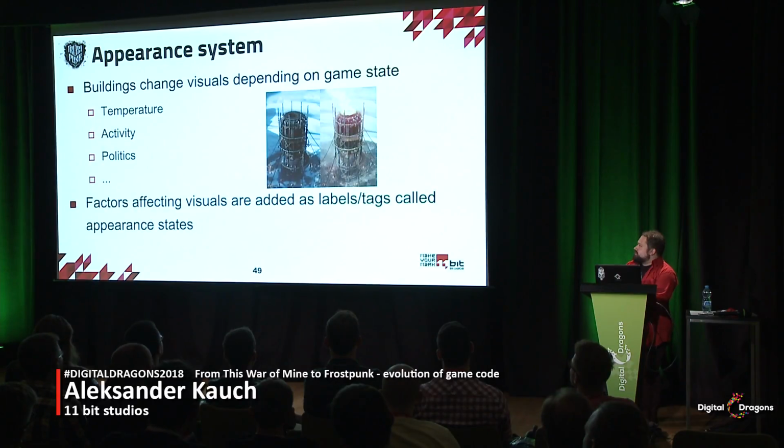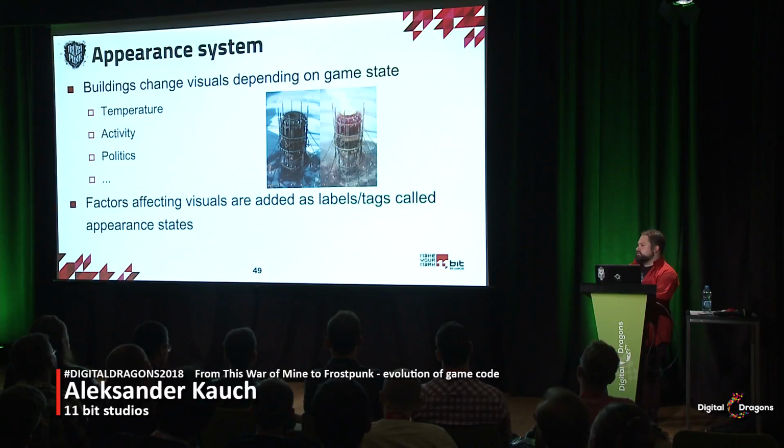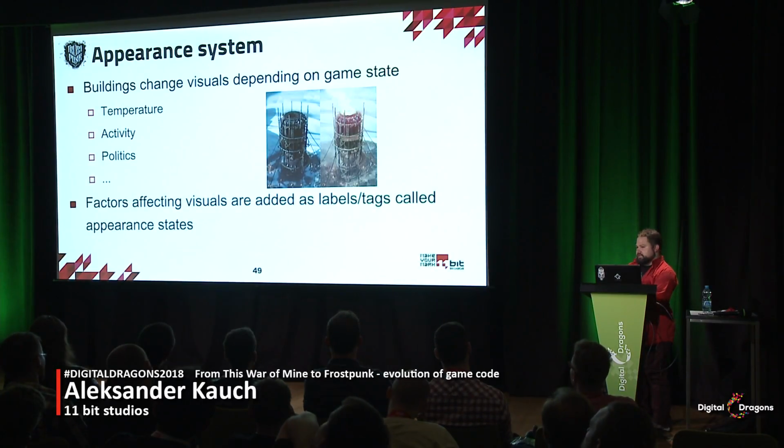And last but not least, we created an appearance system so that depending on different game conditions, the appearance of a building might change. The conditions could be temperature, the building activity, if it is working or not, politics, and so on. These factors are added as labels or tags we called appearance states.